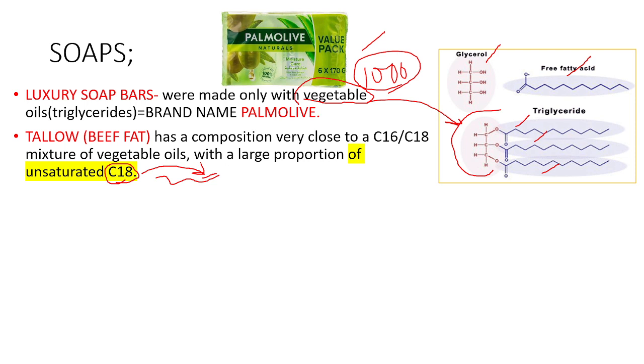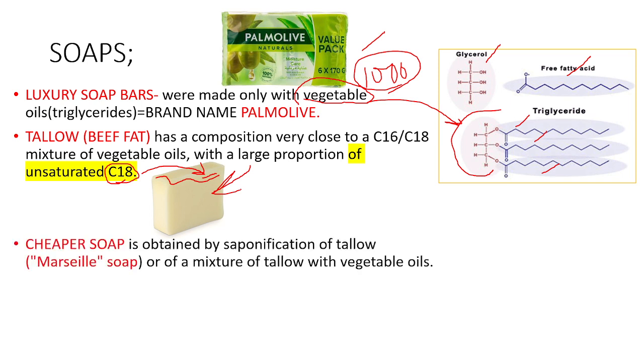Unsaturated means there is a carbon-carbon double bond in the C18 oleic acid. This tallow or beef fat majorly contains unsaturated C18 fatty acid. See, this is the soap we can make from tallow or beef fat.